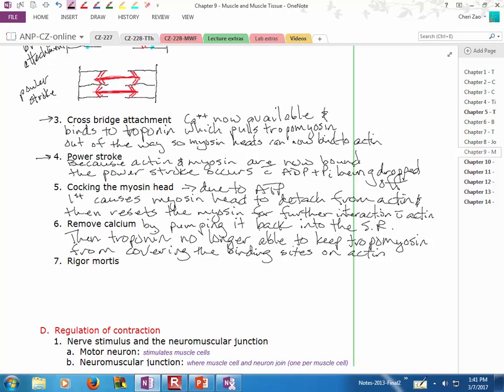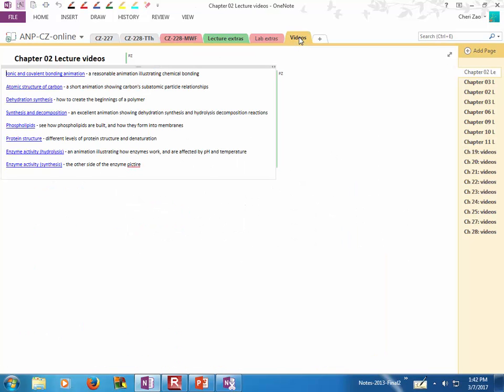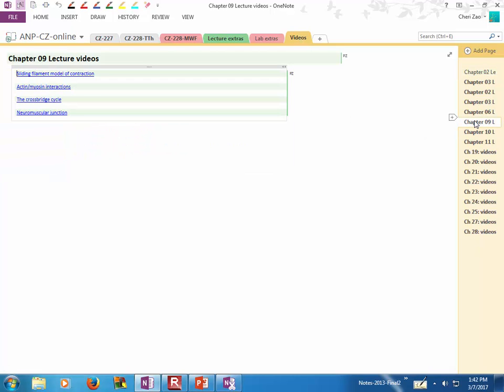You guys following that pattern? It's an interesting pattern. And if you take a look on the OneNote site, you have a little video link that is associated with this chapter and has the sliding filament model of muscle contraction, as well as actin and myosin interactions, cross-bridge cycle, and the neuromuscular junction.